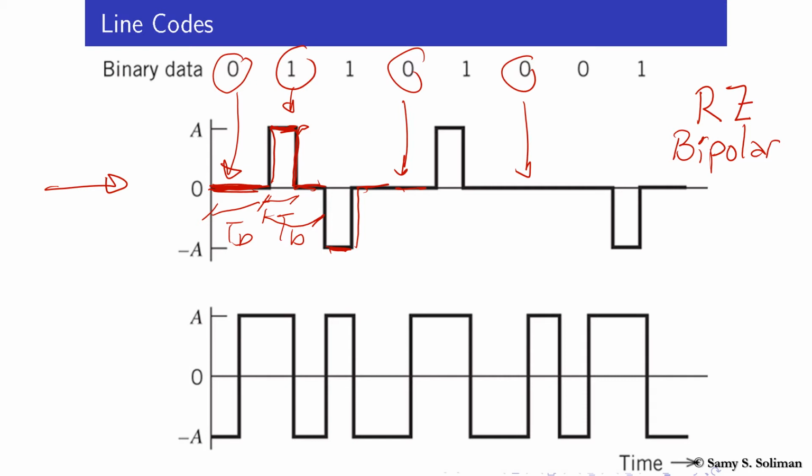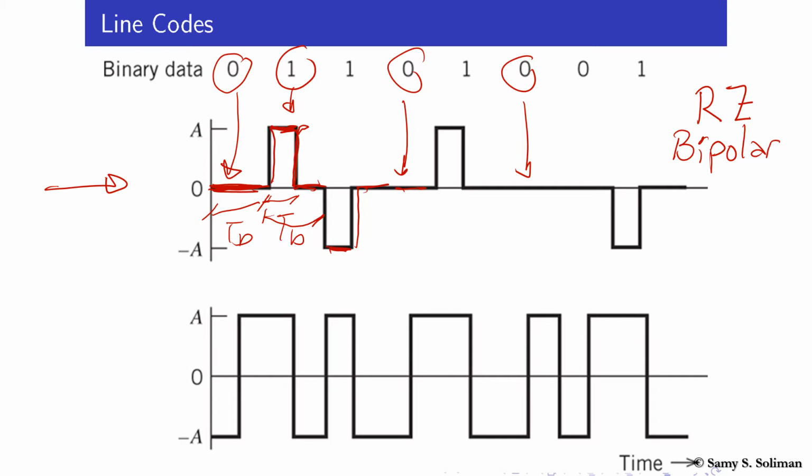However, if we have an odd number of ones, we will have a DC which is either close to 0 with a positive value or close to 0 with a negative value, because in this case we will have an extra 1 bit with either positive A volts or negative A volts. So this is what we call bipolar return to 0 or alternate mark inversion.